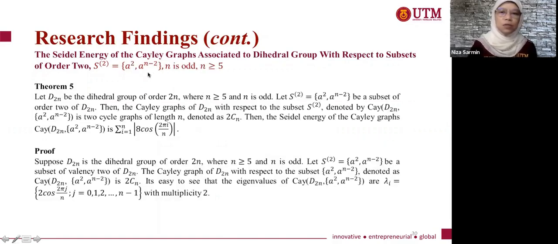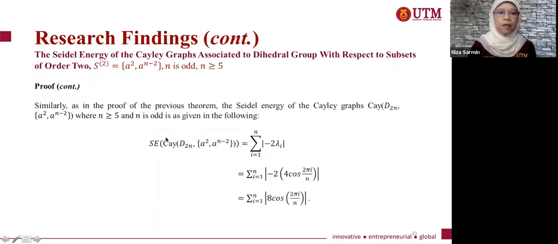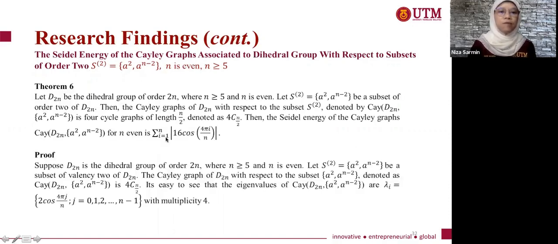The next case is when the set S is of order 2 with this form, and this is the Seidel energy of the Cayley graph. And for this type, the Seidel energy of the Cayley graph turns out to be this form.